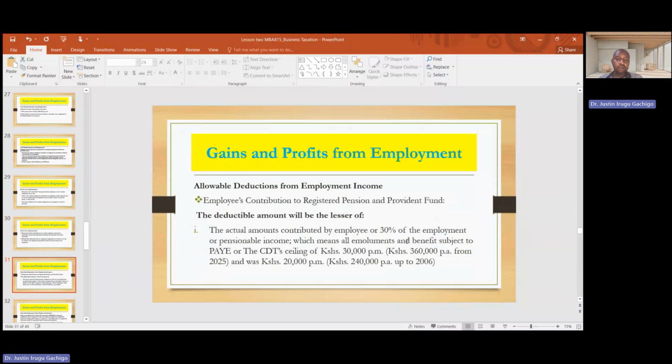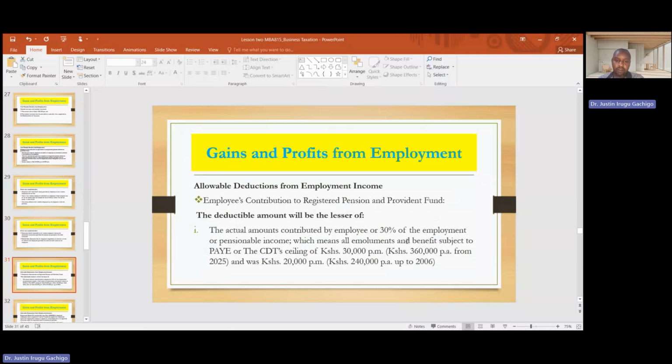So the pension to a registered pension scheme, the deductible amount is normally the least of, not higher, the least of the actual amount contributed by the employee, or 30% of the employment or pensionable income, which means all the emoluments subject to PAYE, and the CDT ceiling.